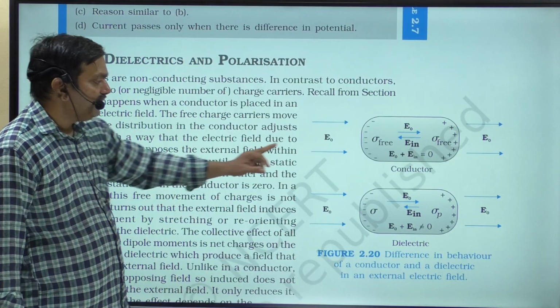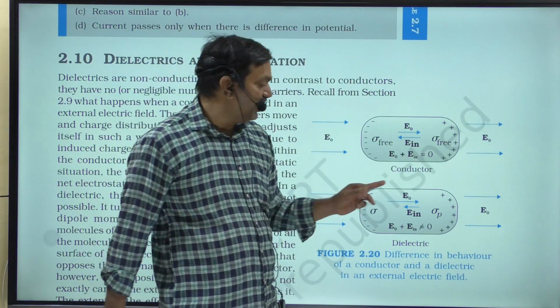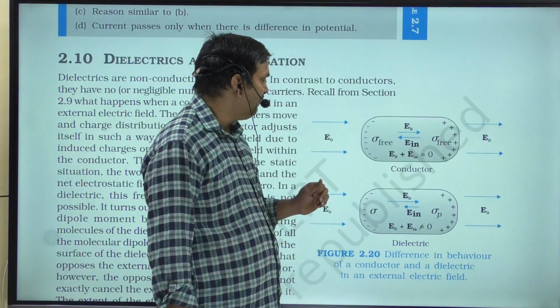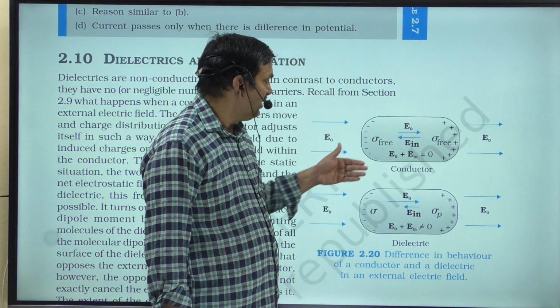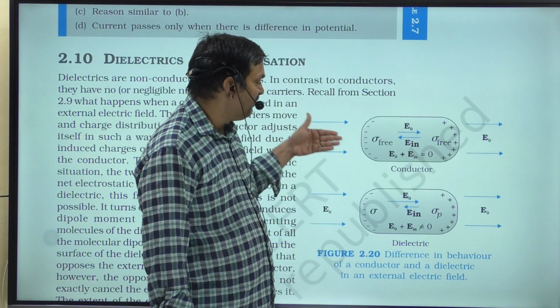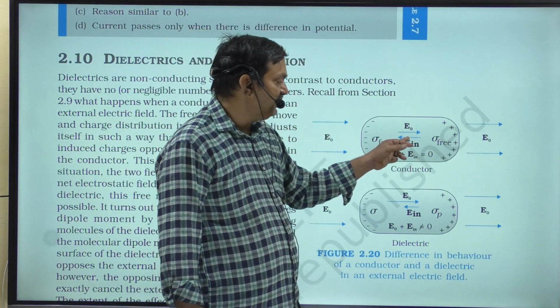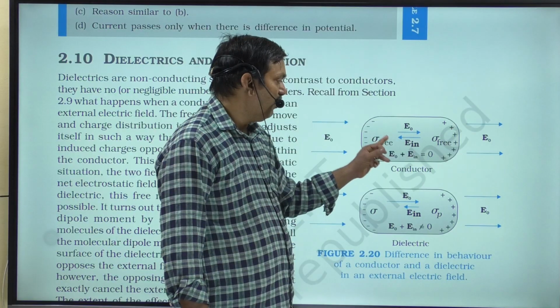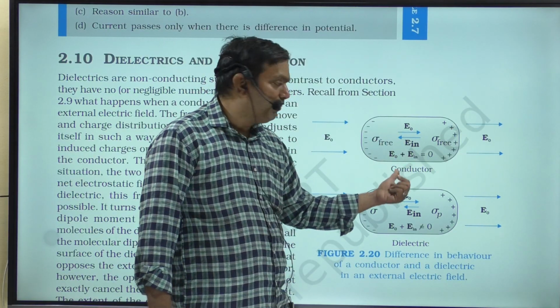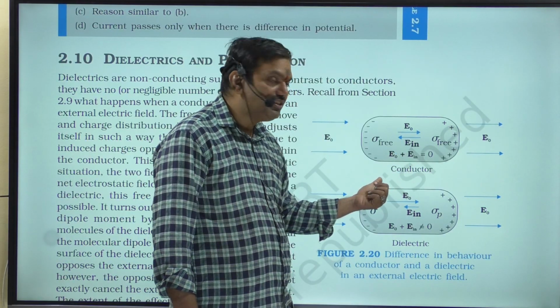Now the difference between a conductor and a dielectric, you can easily identify in the figure itself. For a given conductor, you see the direction of the electric field, the direction of E naught, the direction of E in, and the sum of the external electric field and the inside electric field.